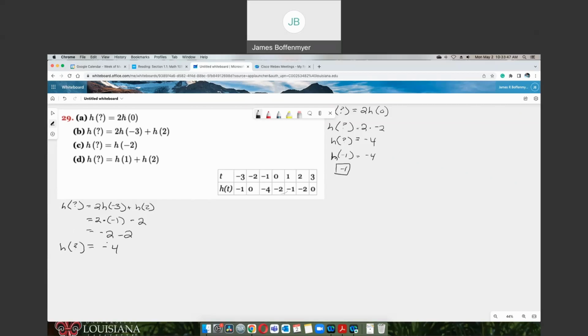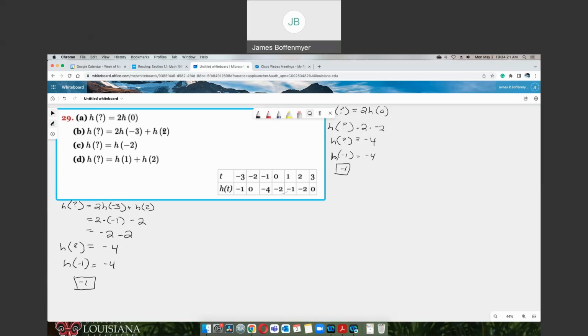We go to the h row, we go to -4, and then we look to see what the corresponding t value is. This little guy right here: -1. Ironically, that's the same answer we got on the last part. Not a coincidence, I promise you. So -1 would be our final answer for the b part of our problem.